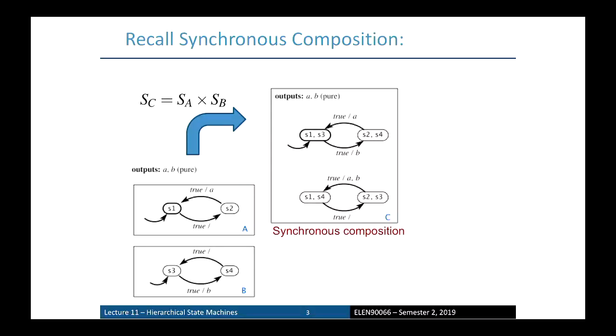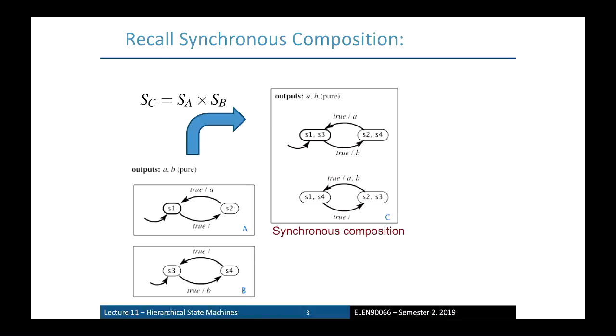Okay, and I'm going over this because I have to point out why we can't use it for an example that's coming up. So remember, synchronous composition is that in a side-by-side model like this, both state machines react simultaneously in lockstep. So if we have default states S1 and S3, in this case we have guards all being true here, right?